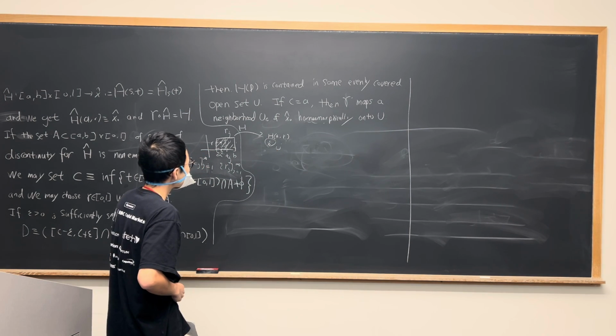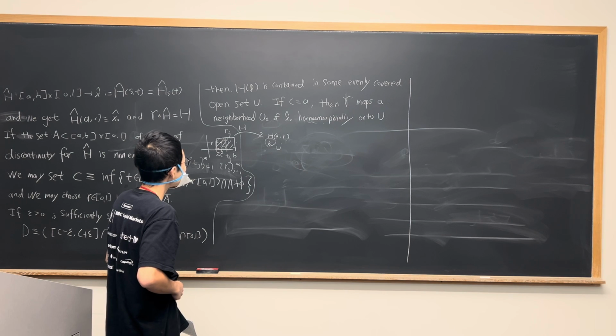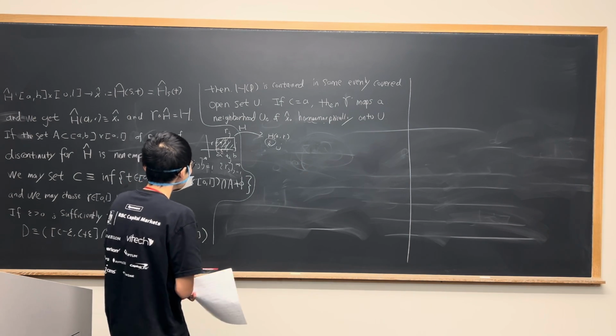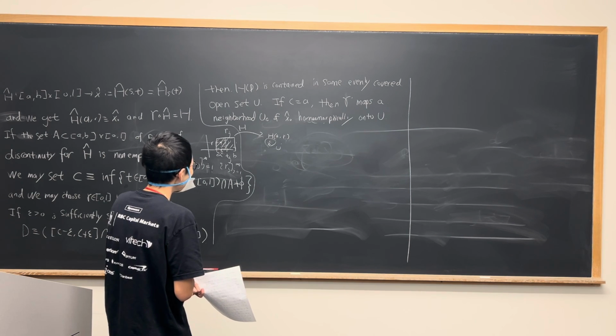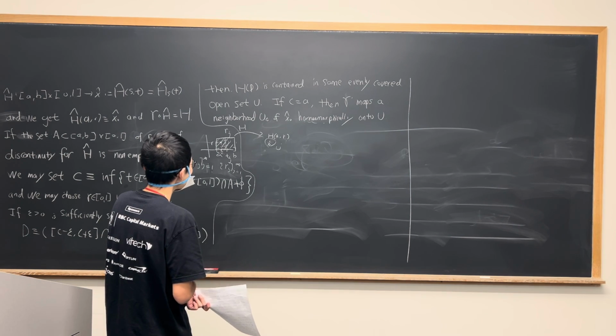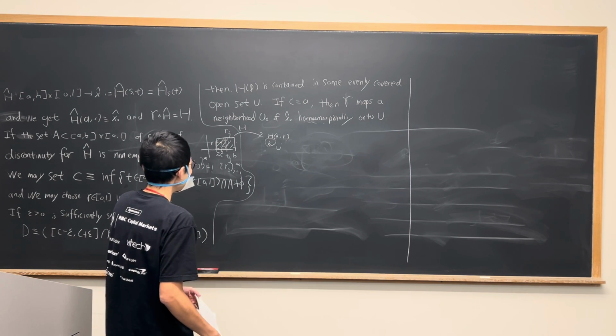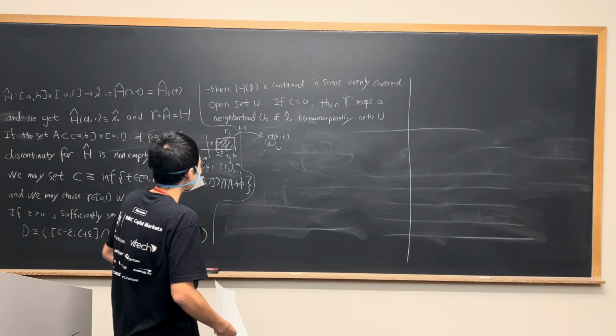So wait, why is this mapped to a neighborhood U naught of X naught hat? Oh, okay, because this gamma is evenly covered, right?